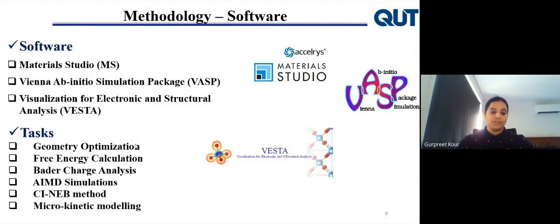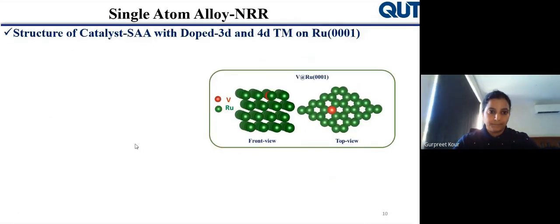The climbing image nudged elastic band method was used to calculate the kinetic barrier of the various reactions. And at the end, we also used microkinetic modeling to calculate the turnover frequency for our catalyst.